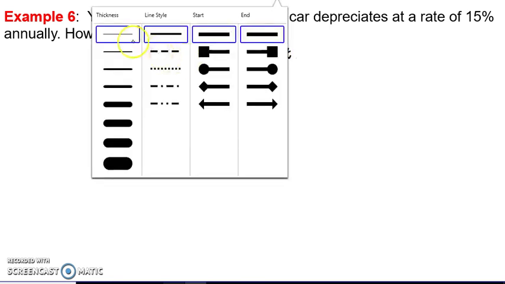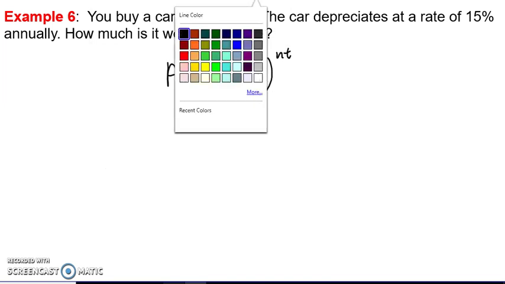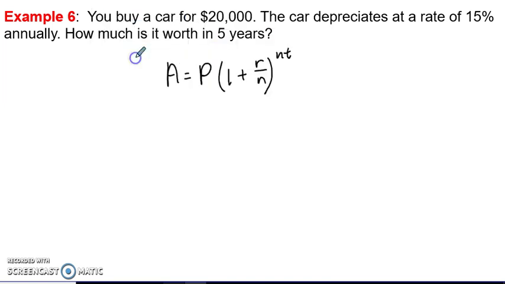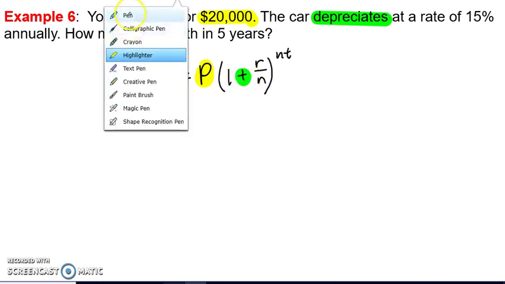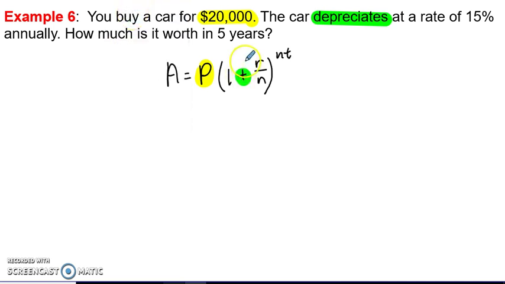So information that we know and we kind of need to focus on is the fact that we have 20,000 is how much our car is going to cost. So 20,000 is going to represent our P value. It tells us that the car is going to depreciate. It's a very key word here. It's going to depreciate, which means this plus sign is going to change to a minus sign.